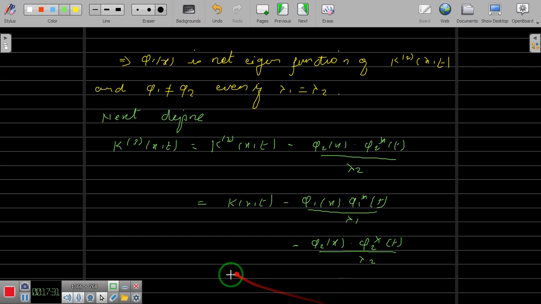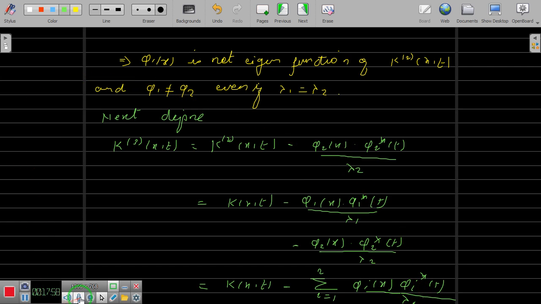And for simplicity, let's write this in summation notation. This is k of x comma t minus the summation, let us take i from 1 to 2, phi i of x phi i star of t divided by lambda i.